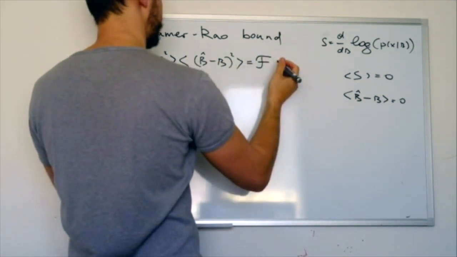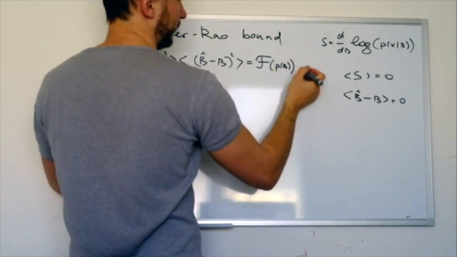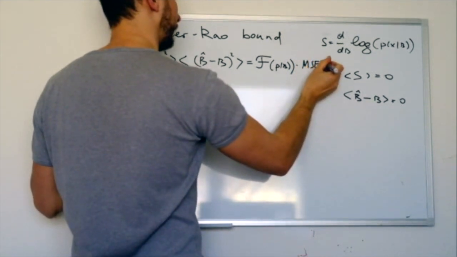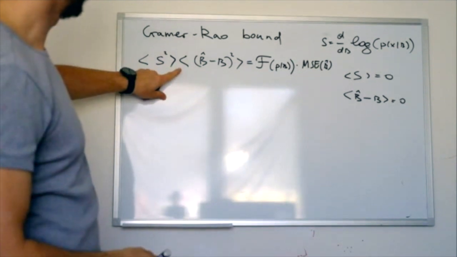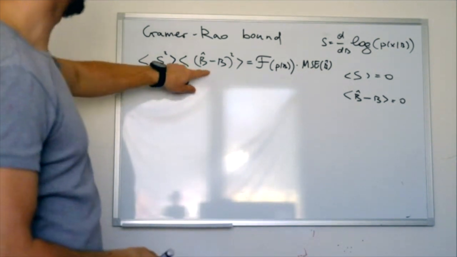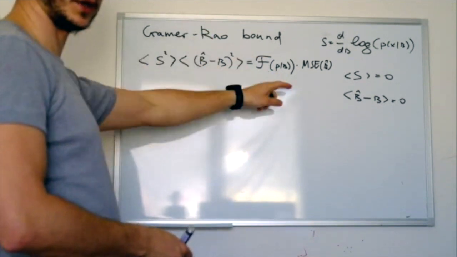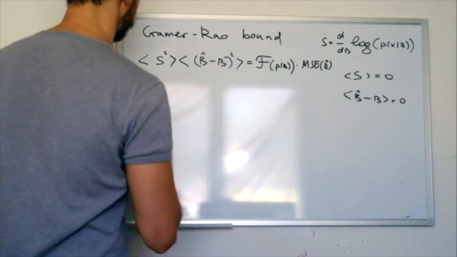The expected value of the score squared is the Fisher information, so this is F of B, times this, the mean squared error of B hat. Okay, so if you manage to lower bound this quantity, we will lower bound this, and then we can pass the Fisher information to the other side, and this is how we'll get the Cramér-Rao bound. So let's see what this thing is.